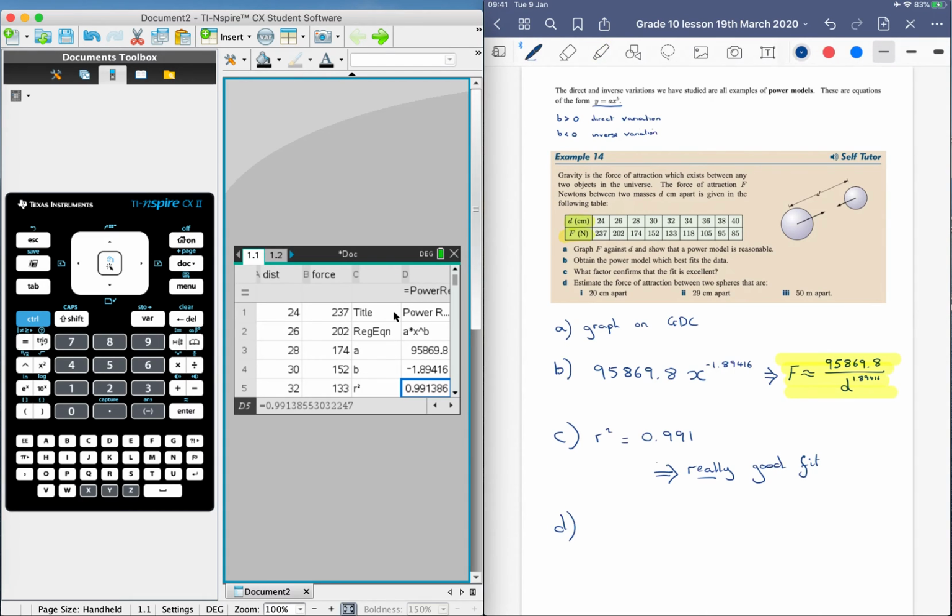Let's have a little look. So now that makes this a little bit easier. So estimate the force. Now we're just going to plug in D for 20.